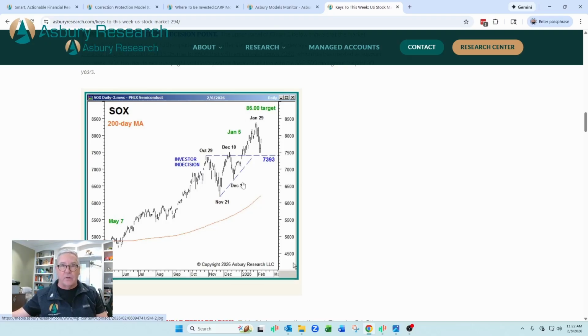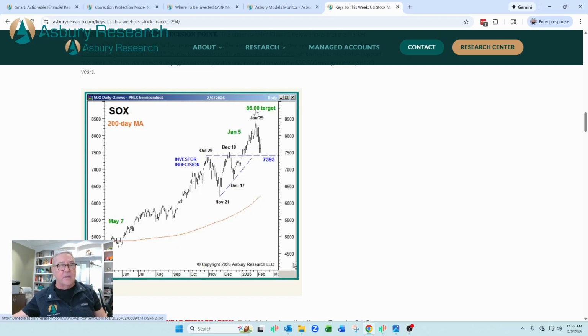This is the SOX index. SOX is semiconductors. When big cap tech started to underperform, I'm looking around saying, okay, what's going to take the baton? And so we still have the leadership we need for the market to go higher. So far, it's been the SOX. The SOX initially broke out on Jan 5 right here.